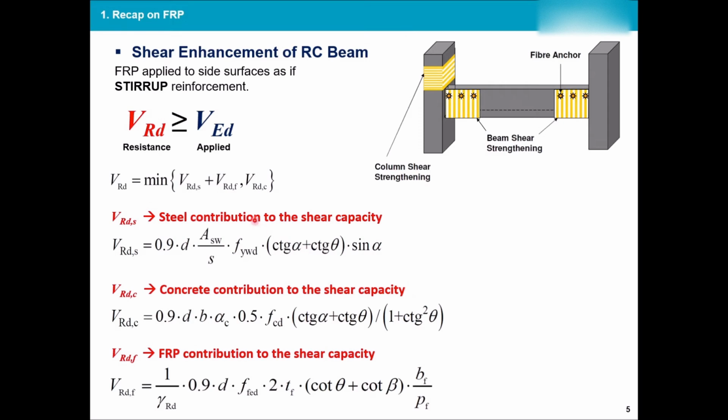If you calculate them, the minimum value will be the resistance that you have in your section. You were comparing this to the shear of the applied loads, and if it was satisfied, your strengthening method is acceptable.